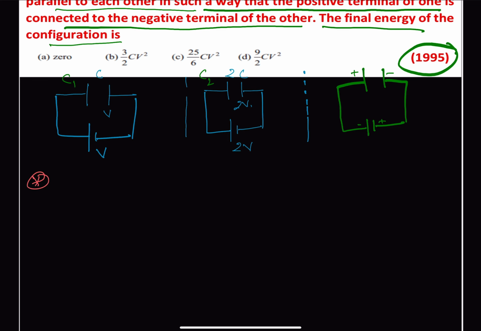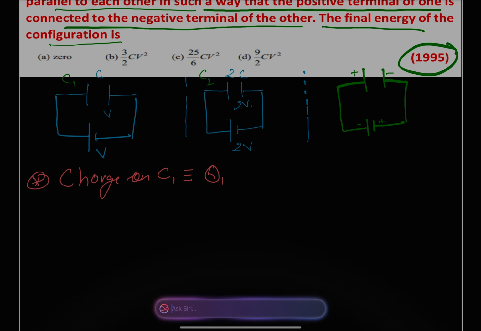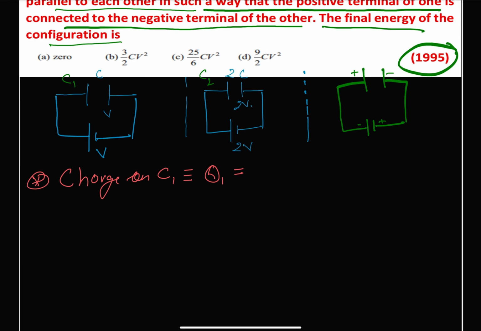Let the charge on C1 be Q1, which is equal to C multiplied by V, and the charge on C2, let us say Q2, is equal to 2C multiplied by 2V, which gives us 4CV.